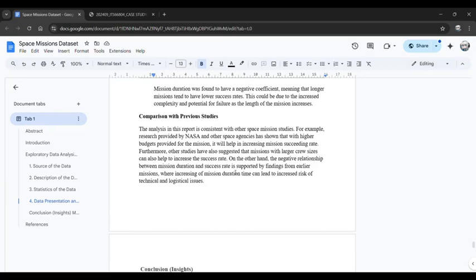Furthermore, other studies have also suggested that missions with larger crew size can also help to increase the success rate. However, the negative relationship between mission duration and success rate is supported by findings from earlier missions, which means that with increasing mission duration, it can lead to increased risk of technical and logistical issues. And this is all for my part.